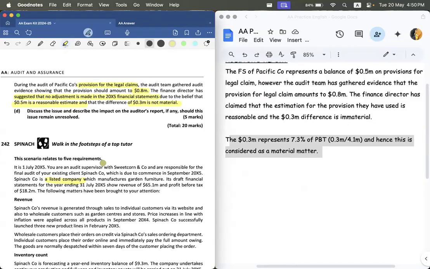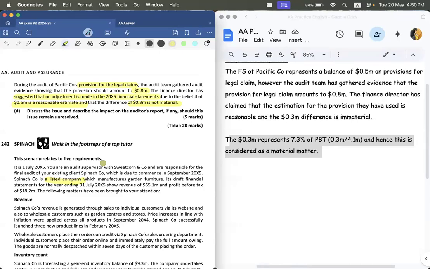Understood? Now you're going to mention why that is a material misstatement, because the provision in the FS would be understated. And we have already established that particular error is actually a misstatement. But would it change the entire FS?